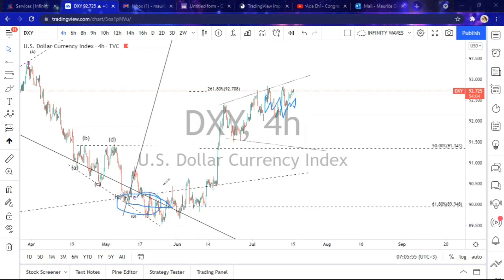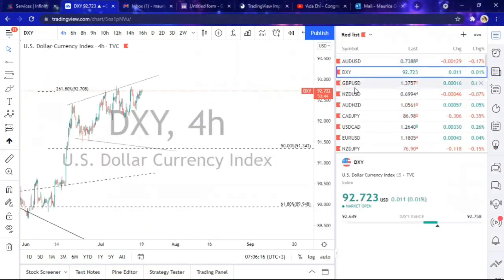So we were at this area and we were expecting this move to go up. It went up. And now we are in this corrective structure inside this channel. So we are waiting for it to finish this structure for the next impulse move up. So that's for DXY. Let's go for another pair.